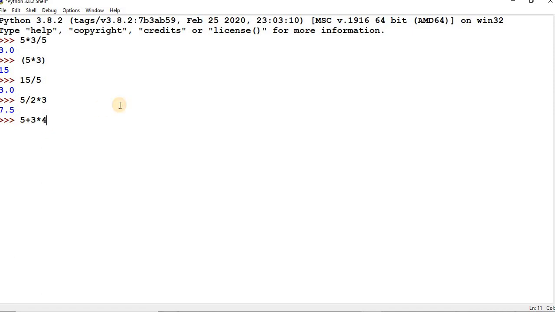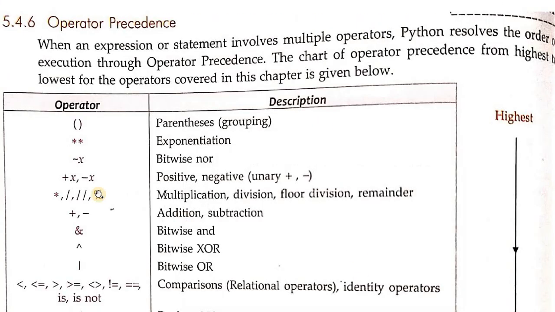The result of 3 multiplied by 4 is 12, and 12 plus 5 is 17. So here the result is 17. So the priority of operators matters, and you have to keep it in mind while evaluating an expression. You must know the priority of every operator.